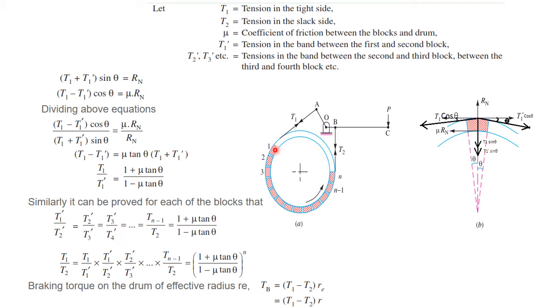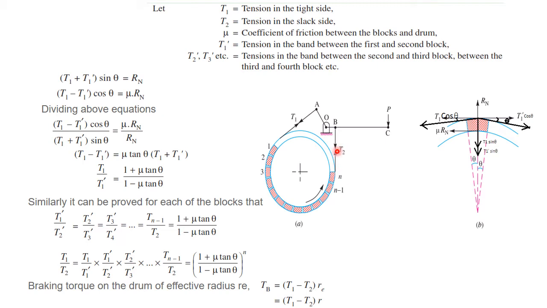Similarly, we can derive the equation for the second, third, fourth, up to the nth block. Then T1 dash divided by T2 dash is equal to T2 dash divided by T3 dash, T3 dash divided by T4 dash, and finally Tn minus 1 divided by T2. Why T2?